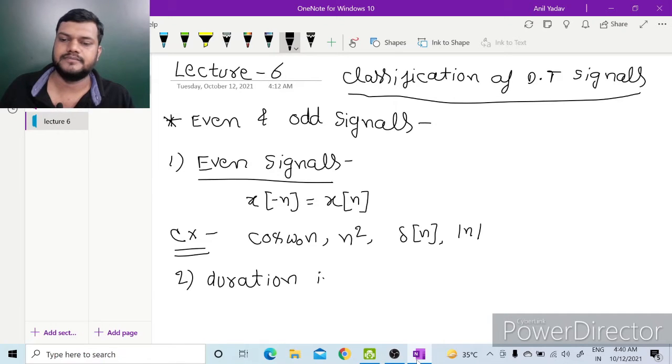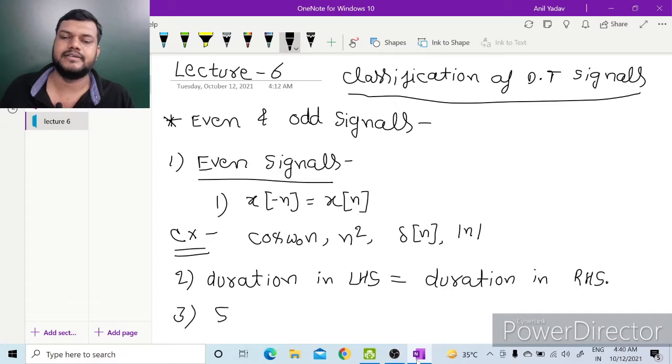This is the first property, this is the second, and the third thing is that even signals are also known as symmetric signals.